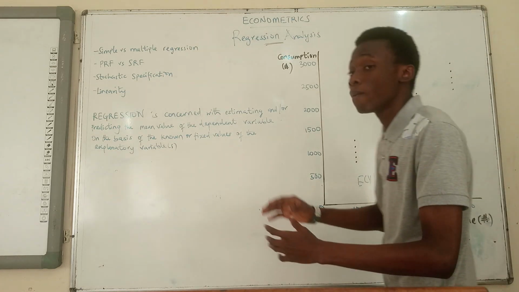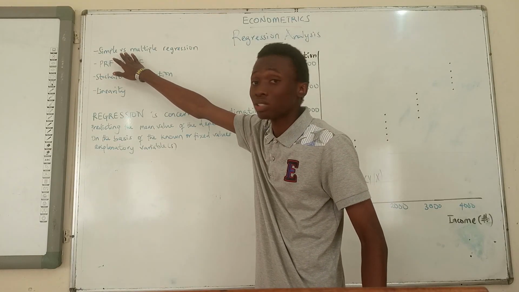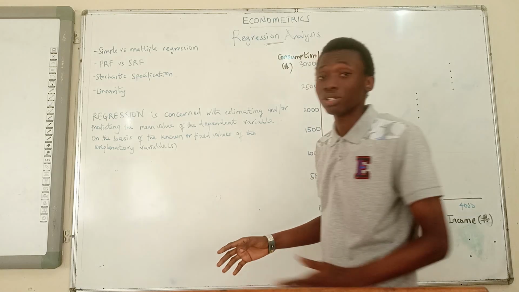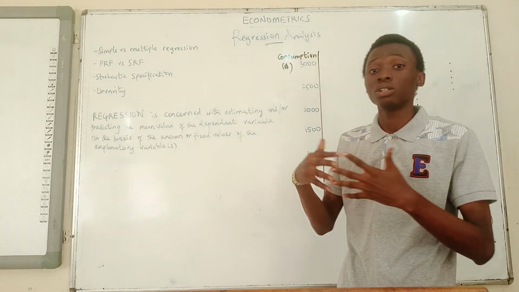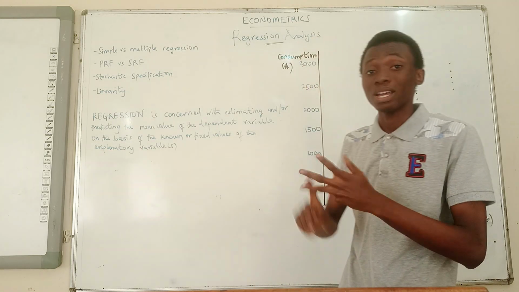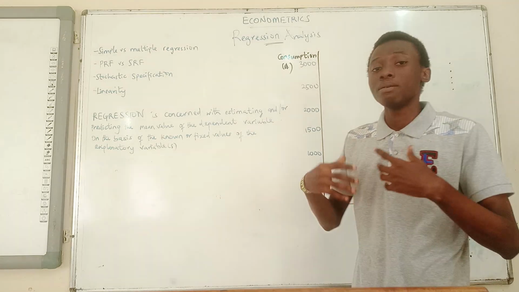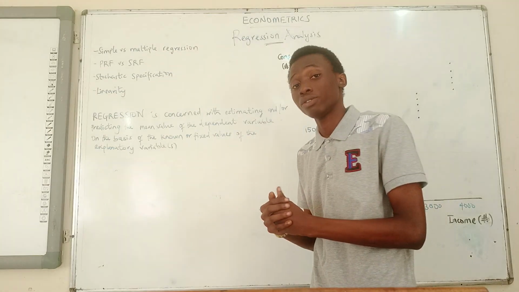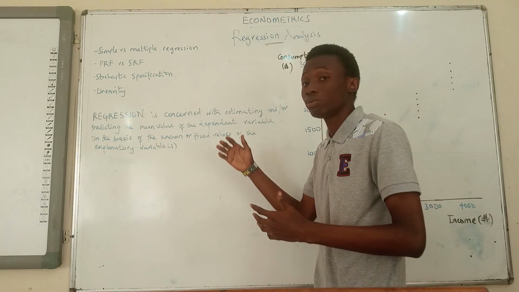If we just have one explanatory variable, then we are discussing simple regression. Simple regression is also known as bivariate regression or two variable regression. You have one dependent variable and one independent or explanatory variable. But when you have many explanatory variables, then we are looking at multiple regression.